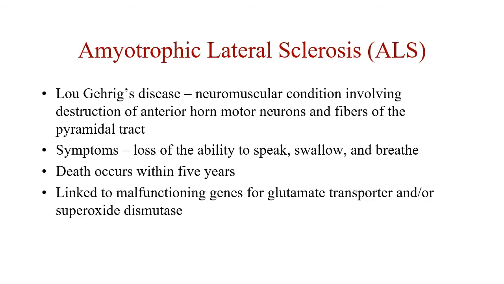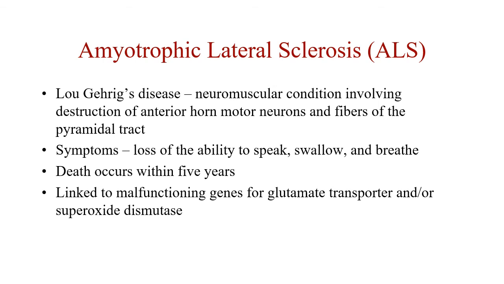Another disorder that affects the anterior horn cells as well is amyotrophic lateral sclerosis, ALS, or Lou Gehrig's disease. And so this particular condition, once again, causes destruction of the anterior horn cells as well. And so this is going to start to damage those lower motor neurons. It's a progressive disease.